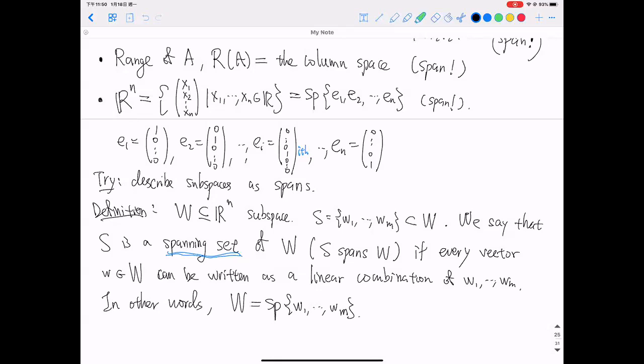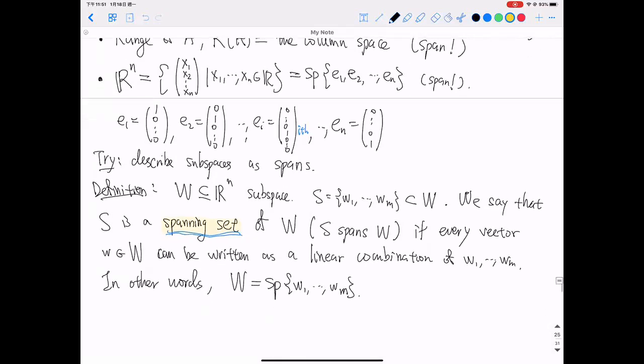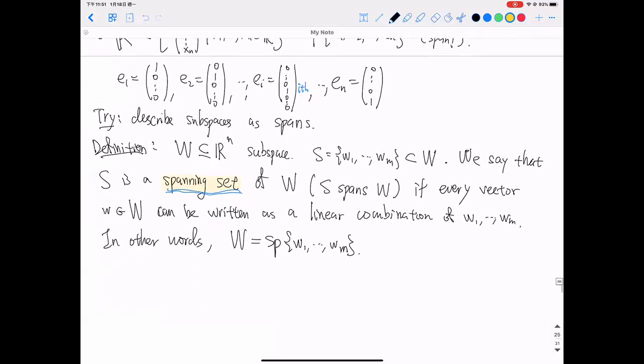So a spanning set of a subspace is a subset such that the span of which is the whole W, the subspace. So that's just that.